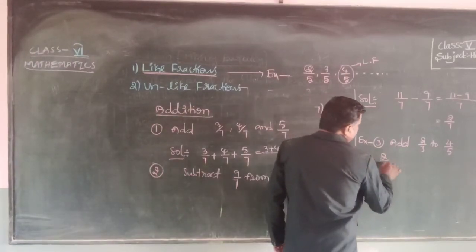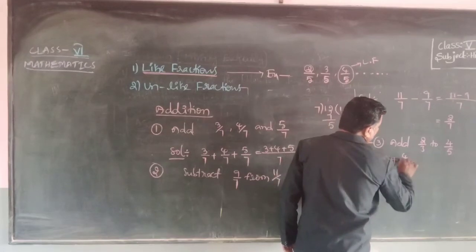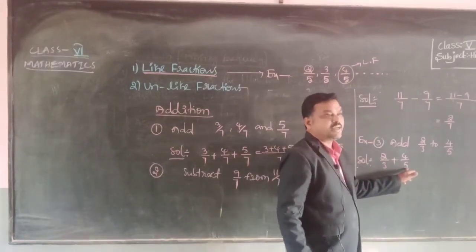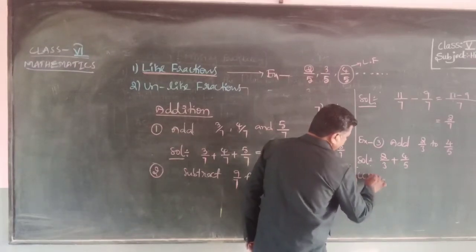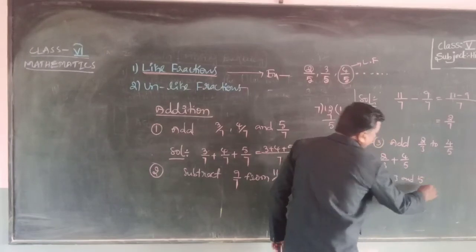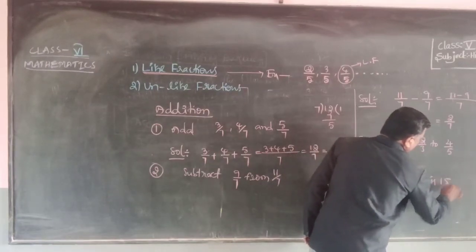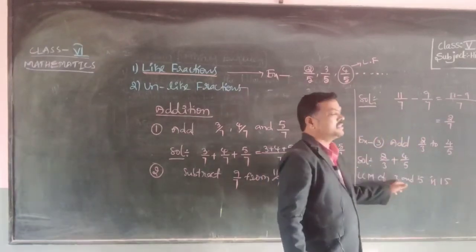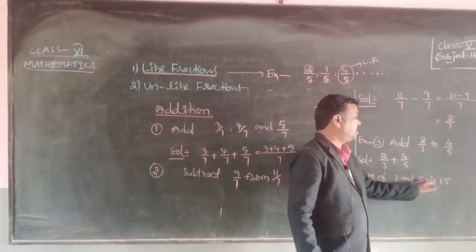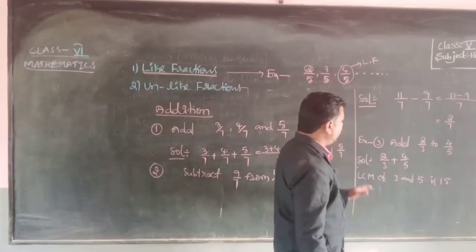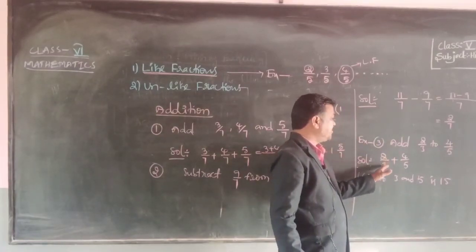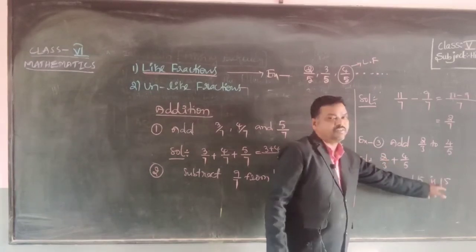See, 2 by 3 plus 4 by 5. We have to take the LCM of 3 and 5. The LCM of 3 and 5 is 15, because 3 and 5 are co-prime numbers. Now we have to change the denominator of each fraction to 15.